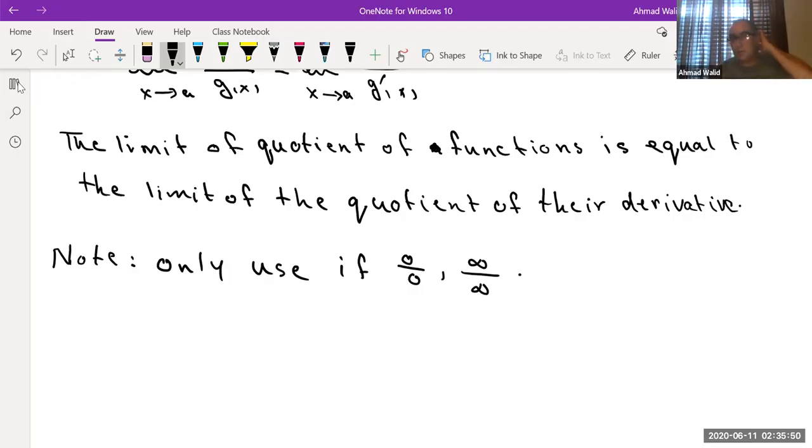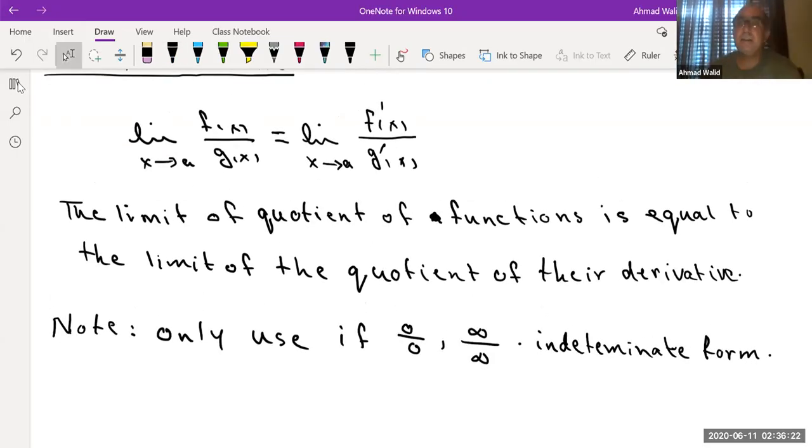You can use this rule if your limit becomes 0 over 0 or infinity over infinity, which we call indeterminate form. Only and only if you have indeterminate form, you can use L'Hopital's rule and easily find the derivative at the limit of the given function.